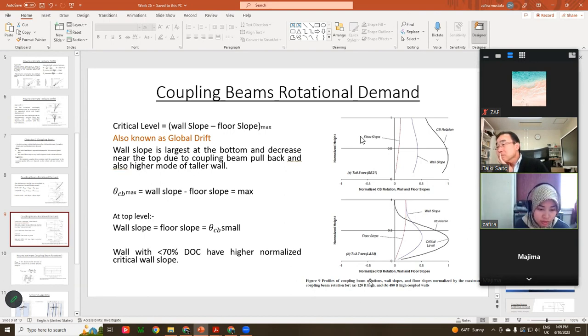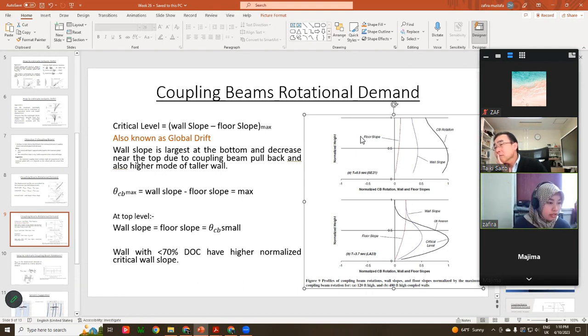The normalized rotation becomes 0 compared to the 10-story height. And the critical level is the maximum slope of the wall combined with the maximum slope of the floor. If you can see here, this is the maximum slope of the wall, and not the floor slope, but the critical level will be here, which is the maximum rotation of the coupling beam.